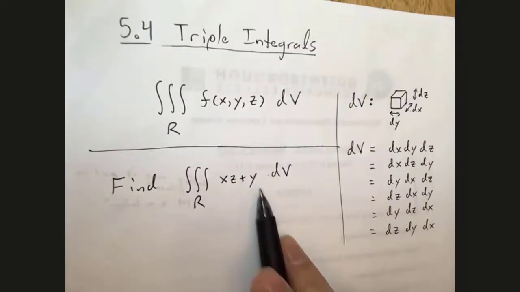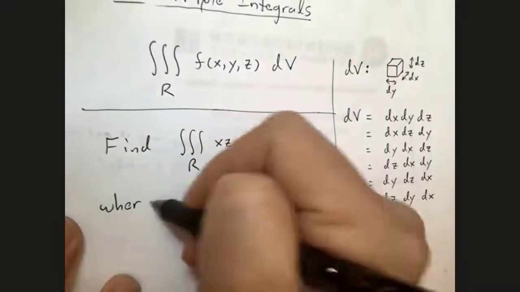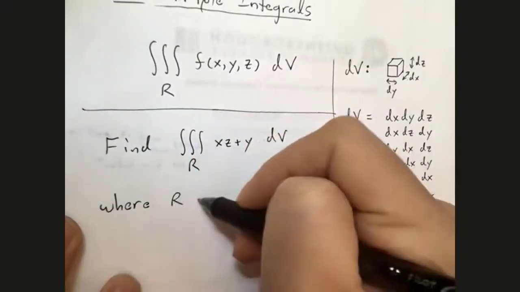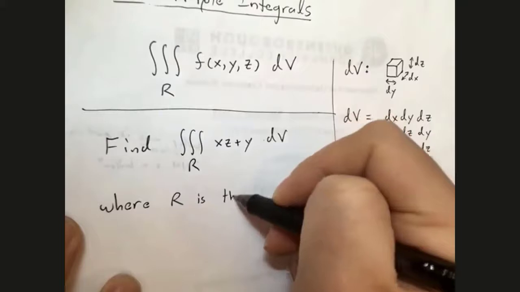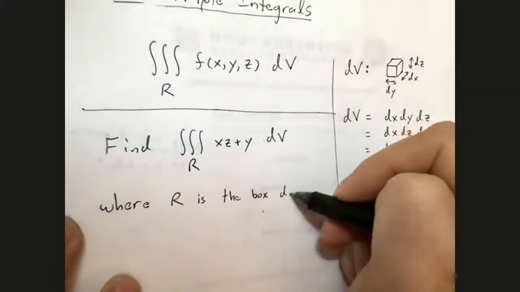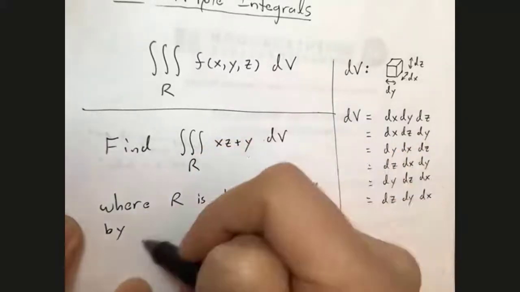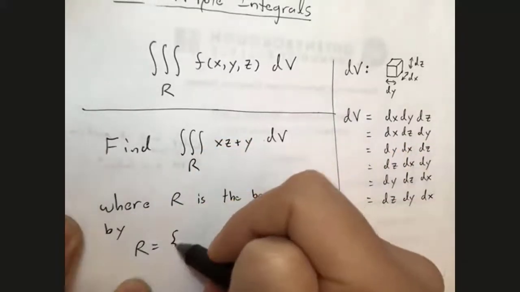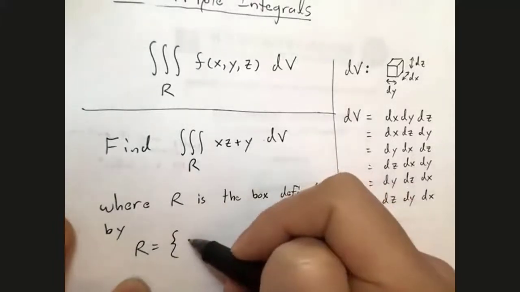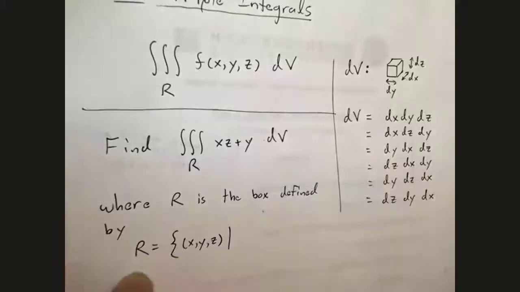Let's start with something very nice and simple, where R is the box defined by the set of points x, y, z such that, now I'm going to give ranges for x, y, and z.